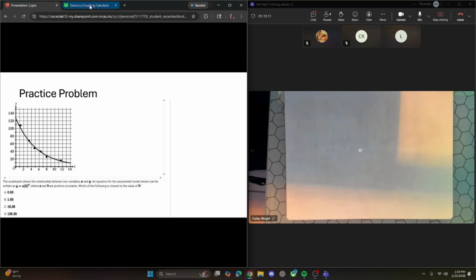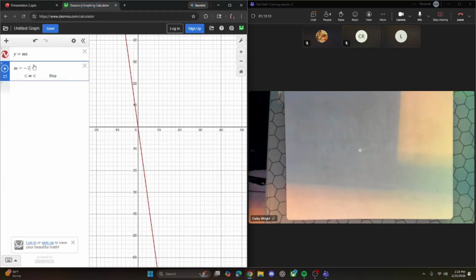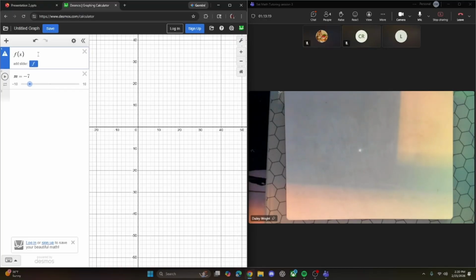Let's say our a is 128. Let's get back that equation. F of x equals a times b to the x. And then let's just say a equals 128, just like shown in the equation.